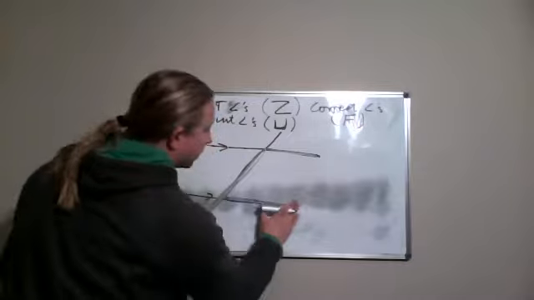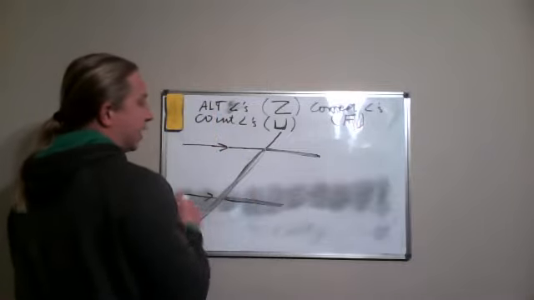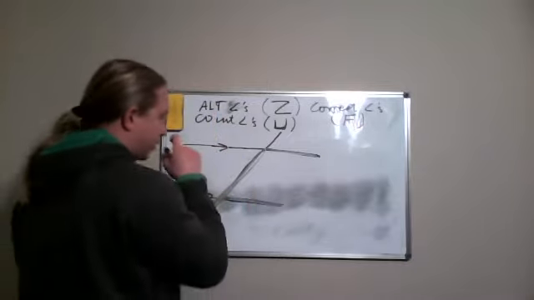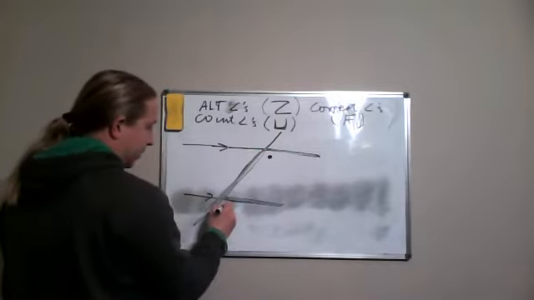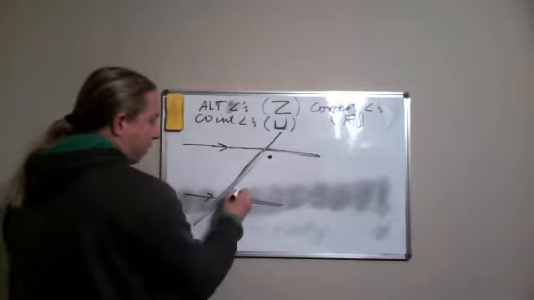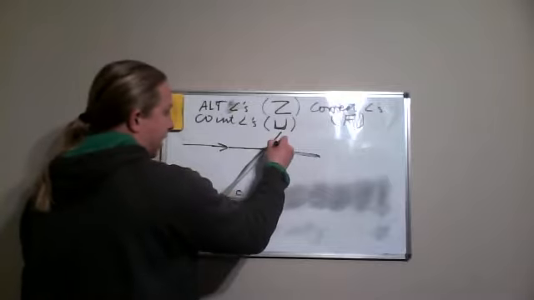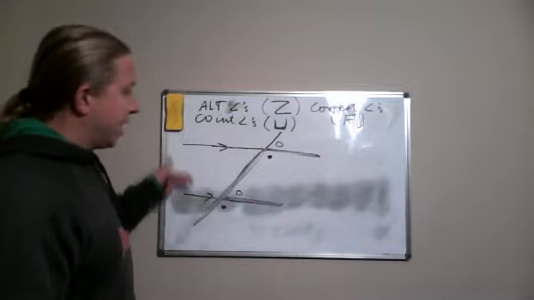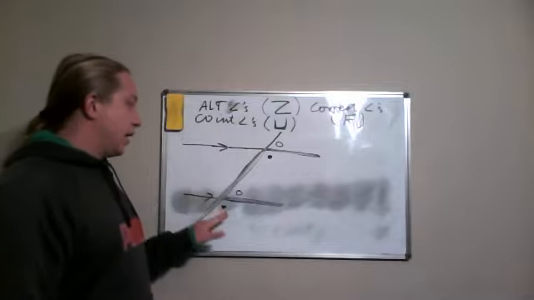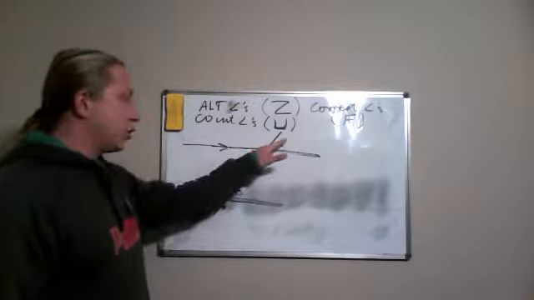So here's my F, if you can see that. Now, in corresponding angles, this angle over here is the same as that angle over there. And this angle over there is the same as that angle over there. So if the lines are parallel, then those two angles are the same, then those two angles are the same.